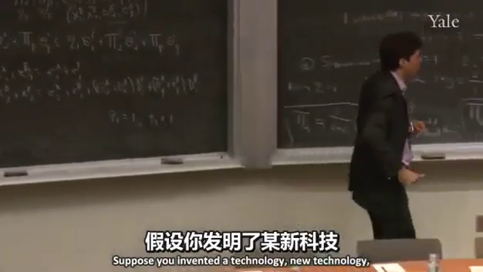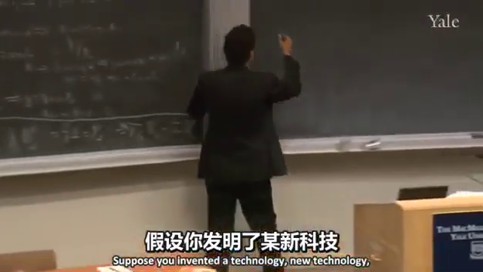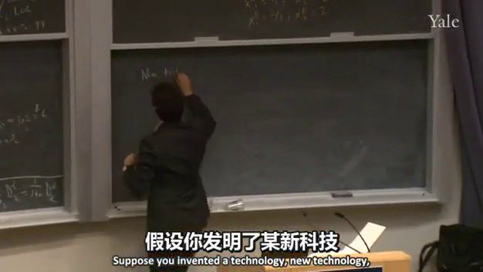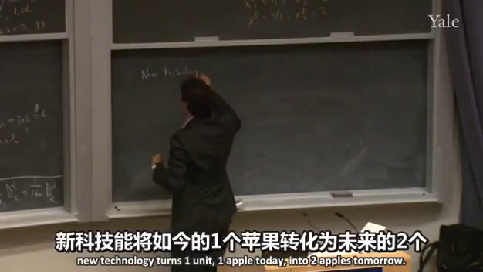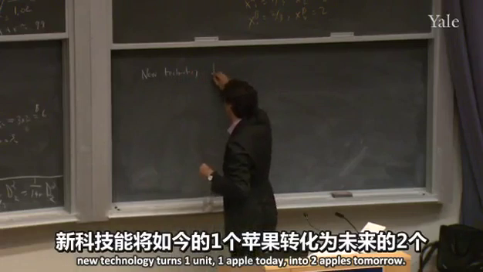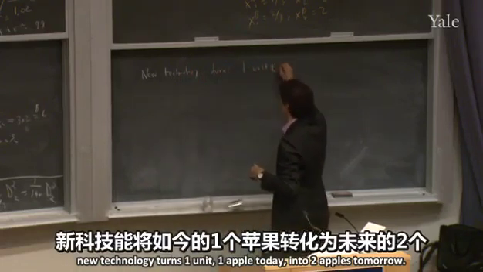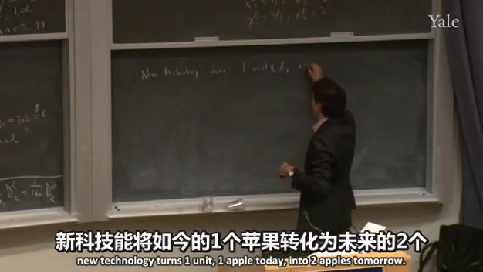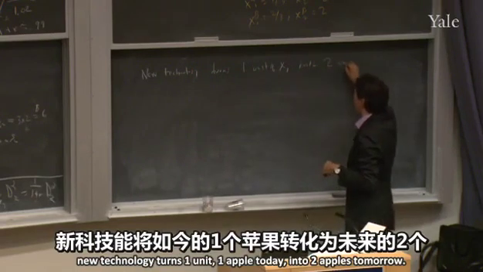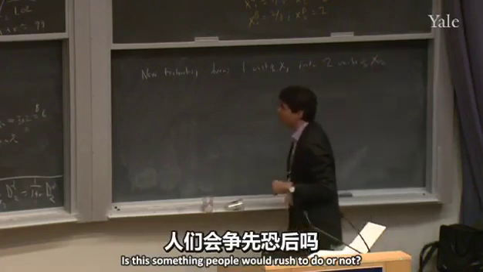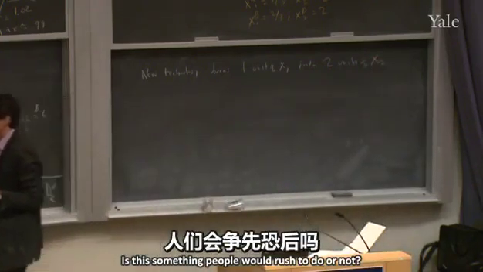Okay, let's try another question. Suppose you invented a new technology that turns 1 unit, 1 apple today, into 2 apples tomorrow. Is this something people would rush to do or not?